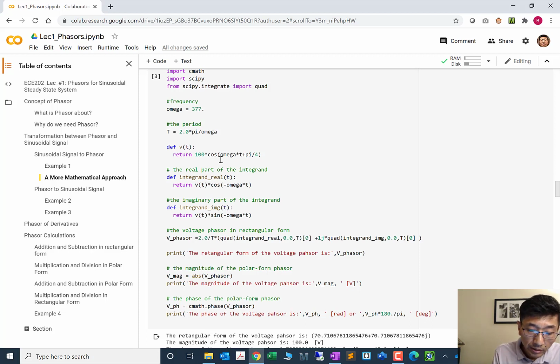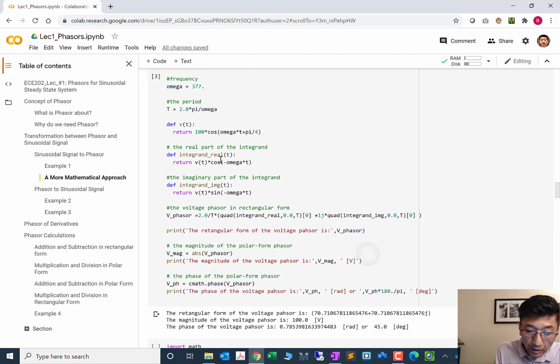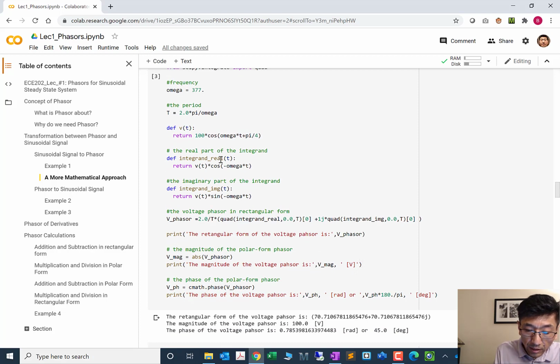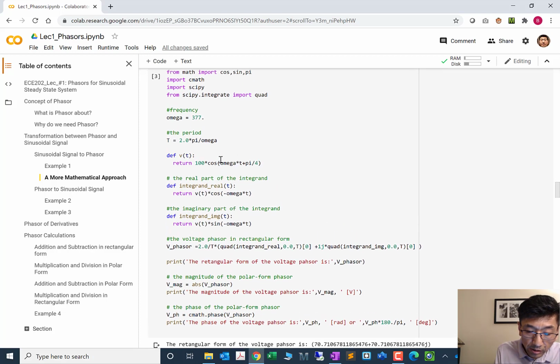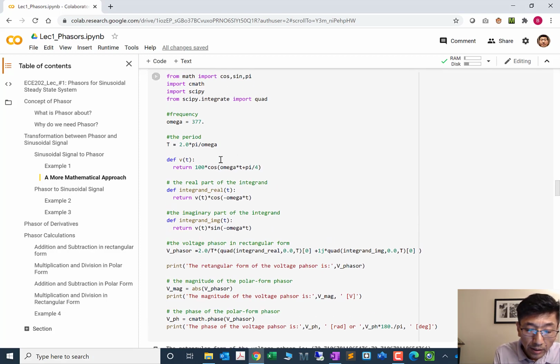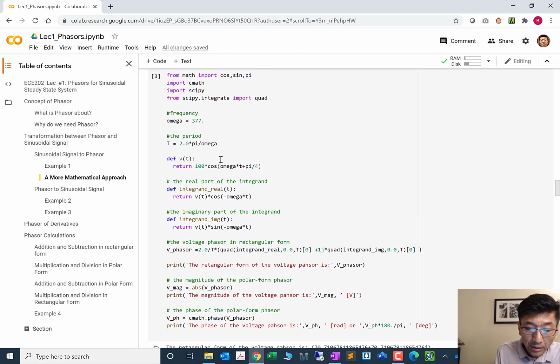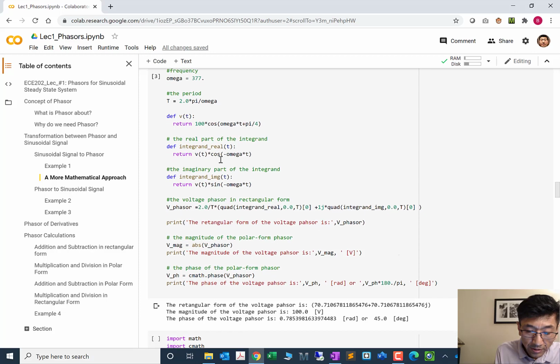If I use that rigorous definition, I can integrate the function. I define the integrand, the real part of the integrand and the imaginary part of the integrand, and use the integration function called quad in SciPy, the package or the module.